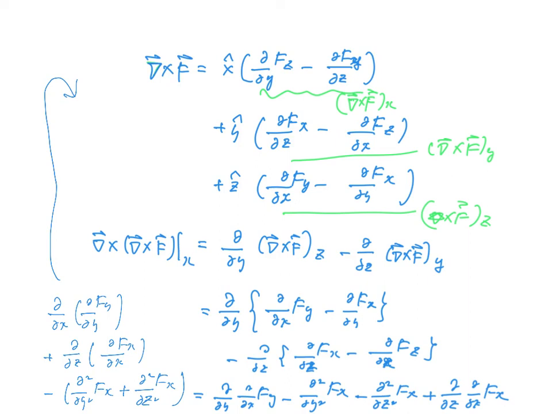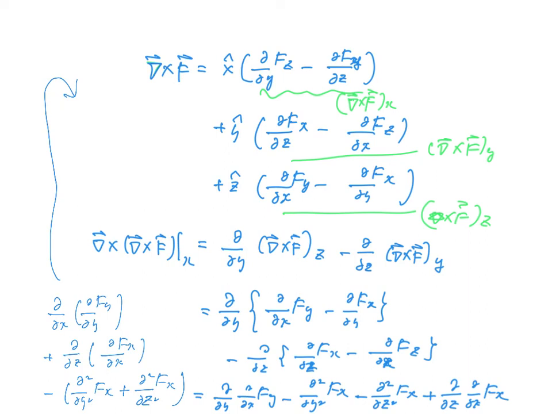Something is missing. It must be C. Let me double check. Even I'm confused sometimes. So x component is partial y for fz minus z y, right?